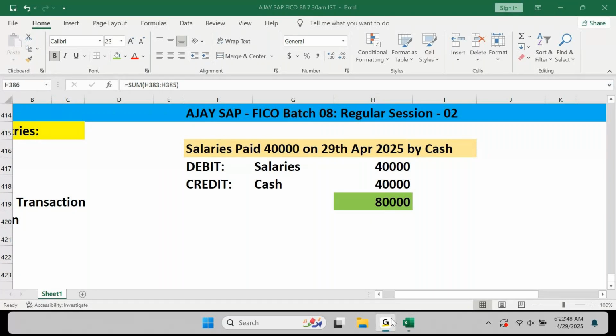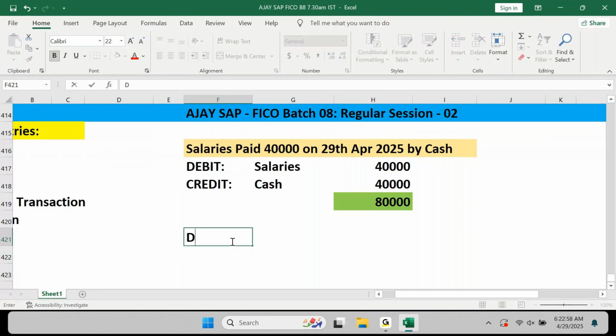When you say accounting format, debit is a positive number, credit is a negative number. In short, debit is equal to a positive number. What about credit? Negative number.